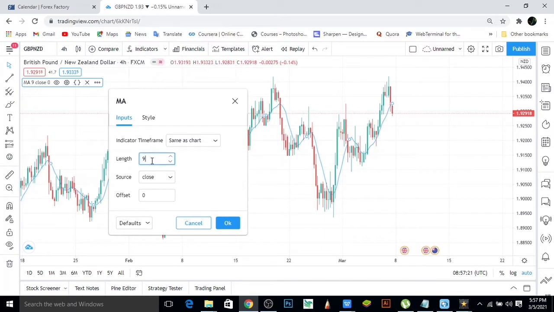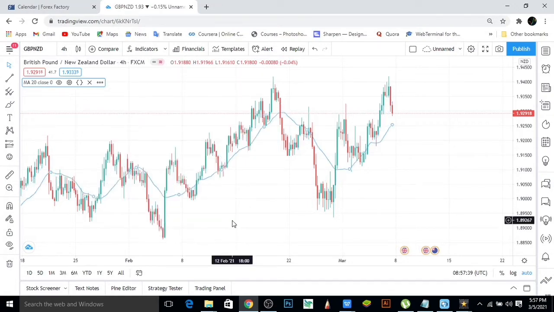I can adjust it and make it 14. Now let's make it 20, right? 20, and you will notice a change in the waviness of that line. See, there has been a change in the waviness, right?